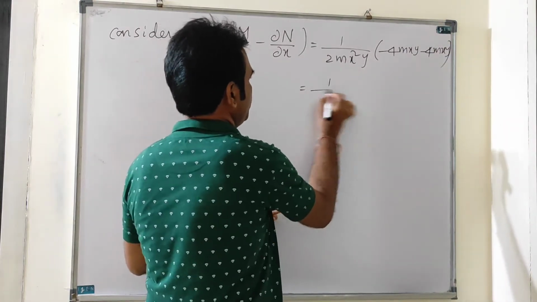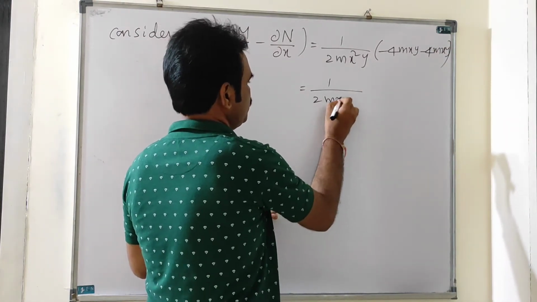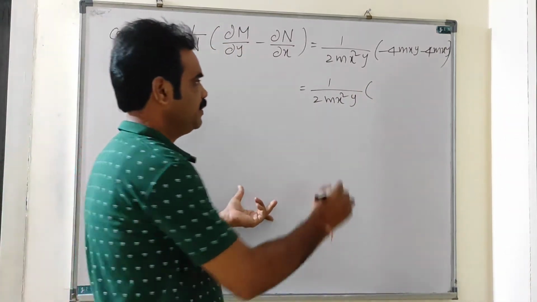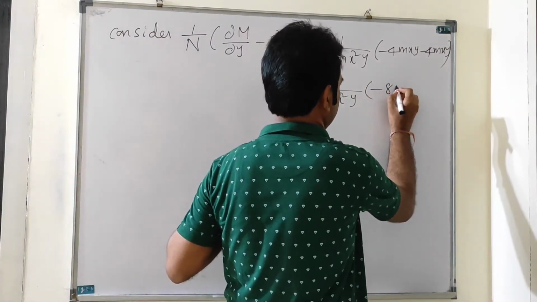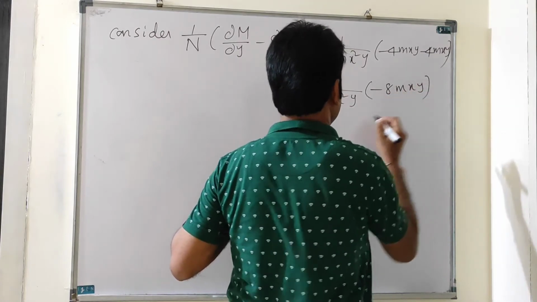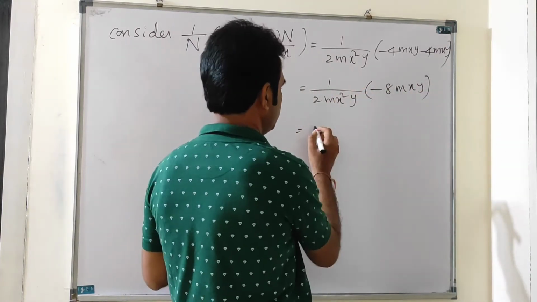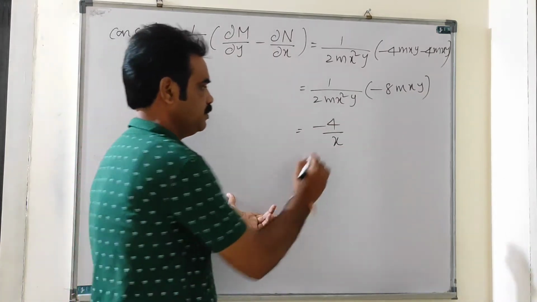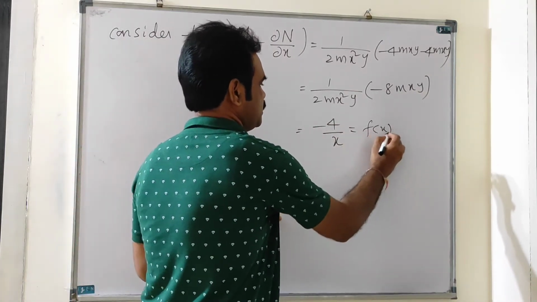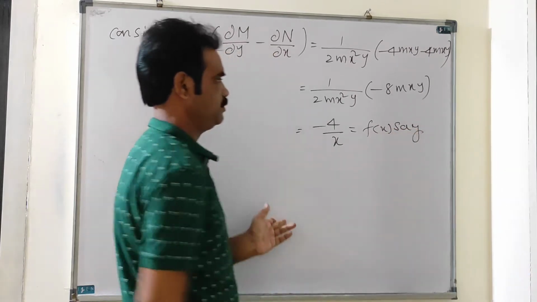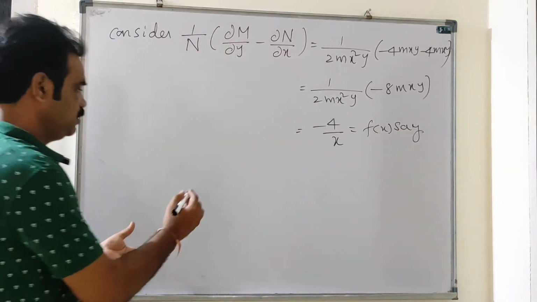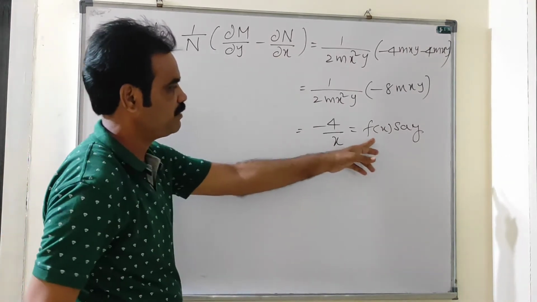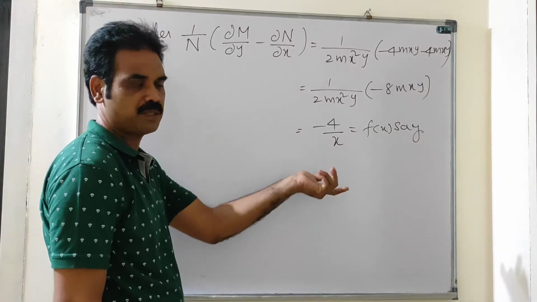It is equal to 1 by 2mx square y into (minus 4mxy minus 4mxy), that is minus 8mxy. Here mxy cancels, 2 cancels. This is minus 4 by x. Now say this is f of x, a function of x alone, right? 1 by N into (∂M/∂y minus ∂N/∂x) is equal to f of x, a function of x alone.